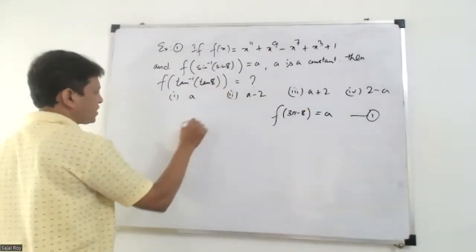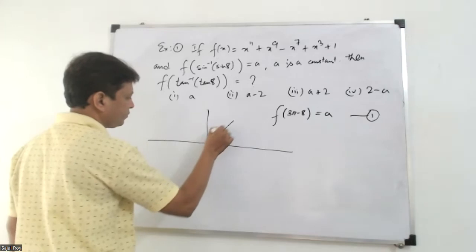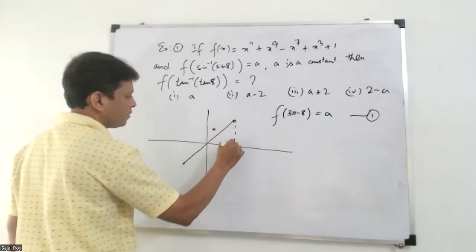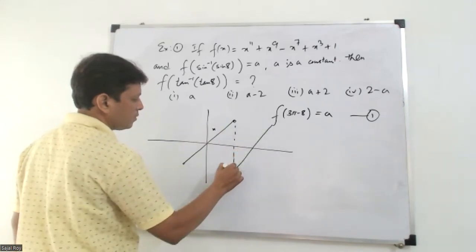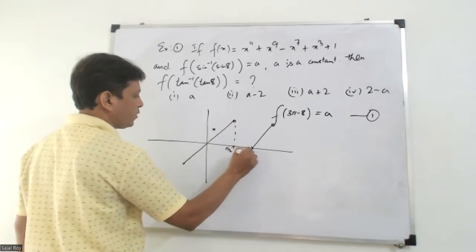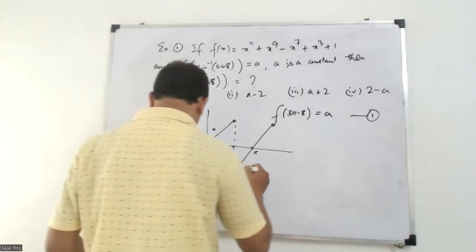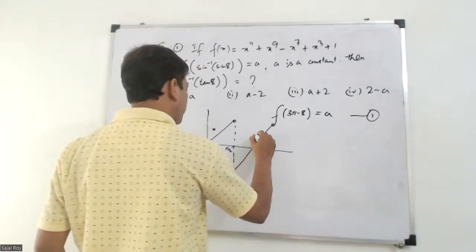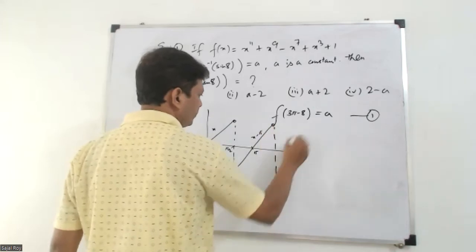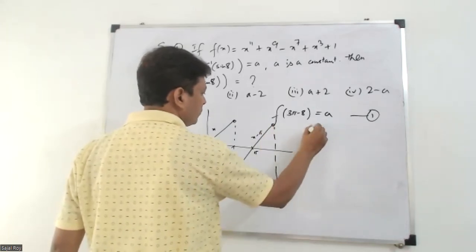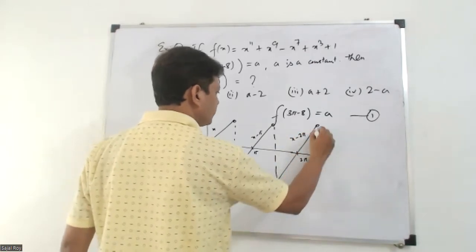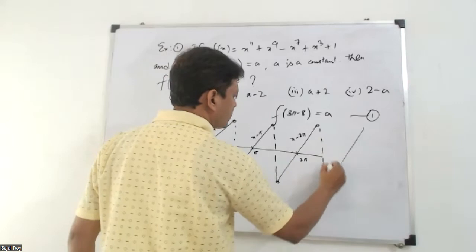Now what is your tan inverse tan x graph? This is your pi value, this is your pi, right? This is your x minus pi, okay? x minus 2 pi and x minus 3 pi.